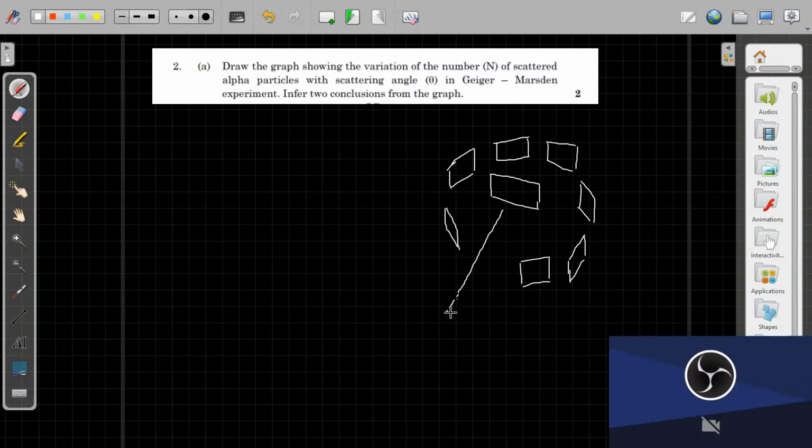Now there comes Ernest Rutherford, who, along with his student, carried out this experiment. Remember this observation; you infer two conclusions from the graph.